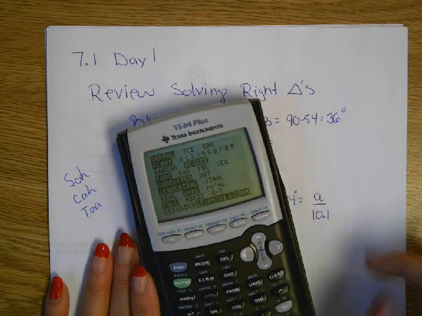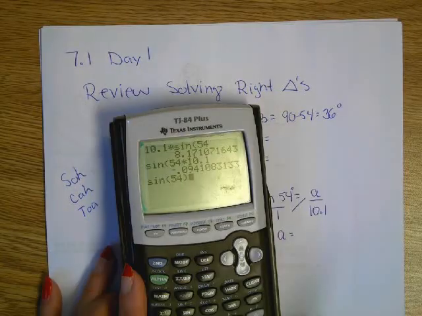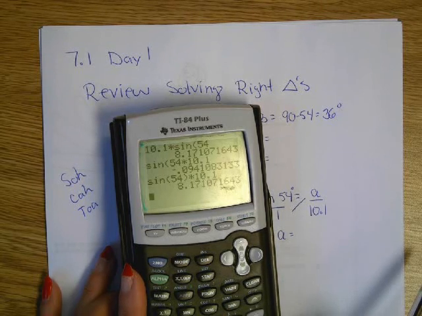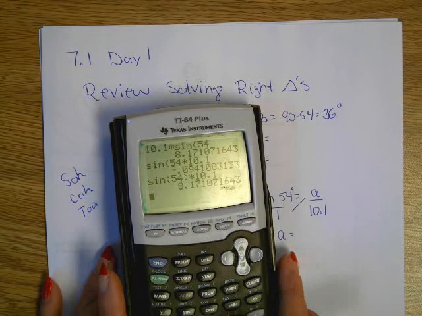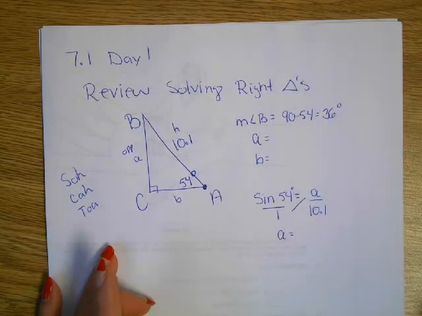We'll solve angles, 2 angles and 1 side. If we don't have 2 angles and 1 side, we're going to have to use law of cosines, but that's for maybe Thursday or maybe after break. I don't know when we're going to get to it.